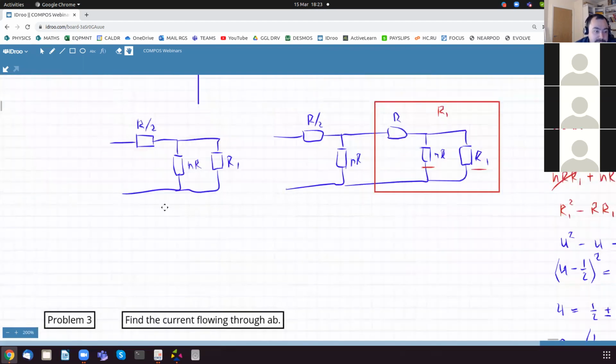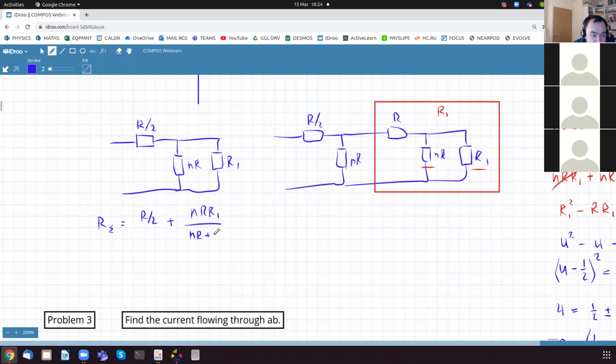So here I have R total, so R sigma is going to be equal to R over 2 plus the combination of this, which is N R R1 over N R plus R1.